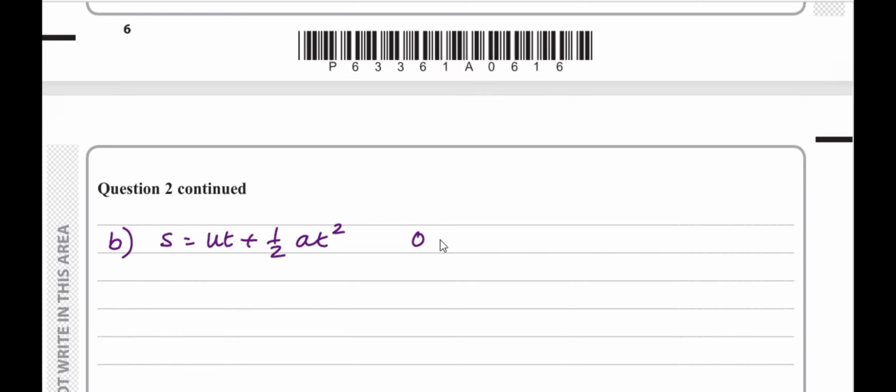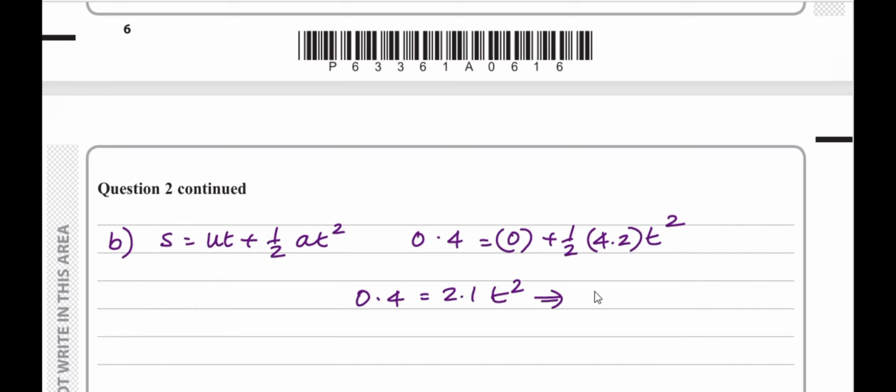That means 0.4 meters equals u was 0, wasn't it, plus half, acceleration was 4.2 meters per second squared, times t squared. Therefore, 0.4 equals 2.1t squared, leading to t equals the square root of 0.4 divided by 2.1, and that gives us 0.436 seconds.